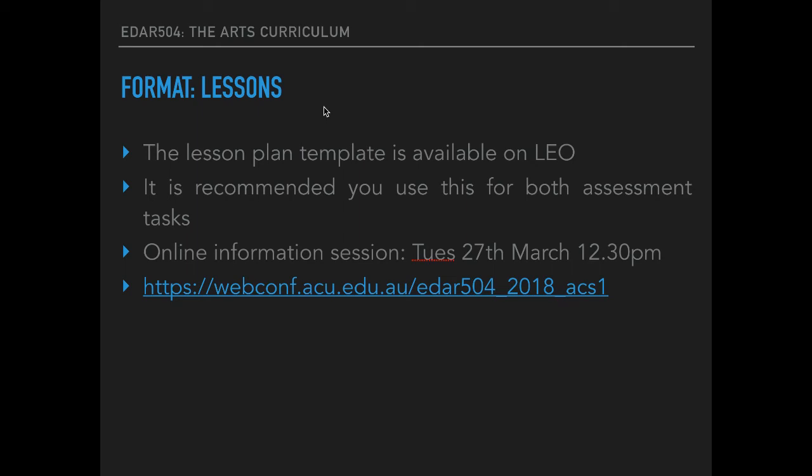Adobe Connect can be accessed from a desktop, from a mobile device, from a laptop. If you're using a mobile device, you can download the Adobe Connect app in iOS and Android. Importantly, if you can't make that session, the Adobe Connect session is recorded, so that it'll be put up online.